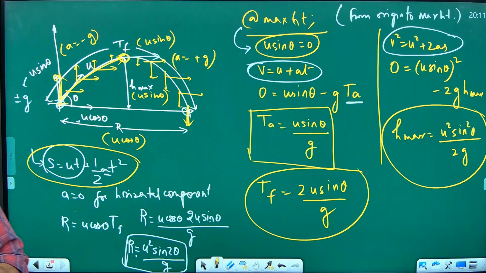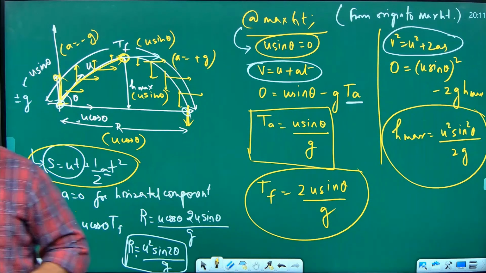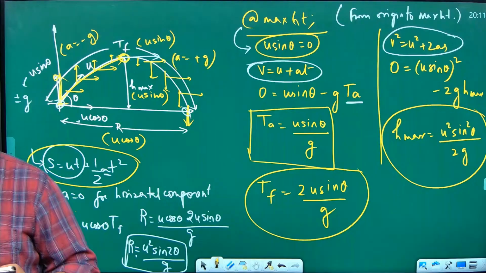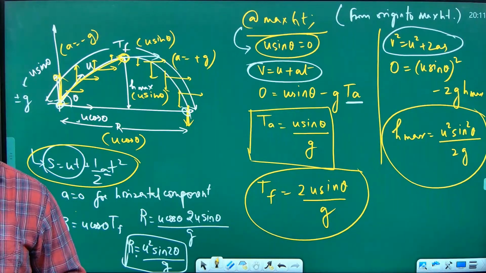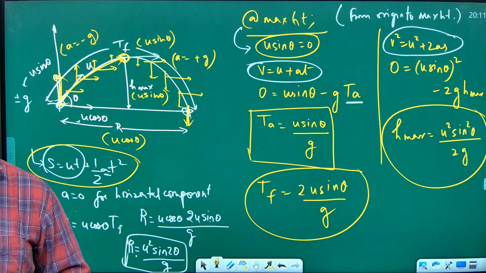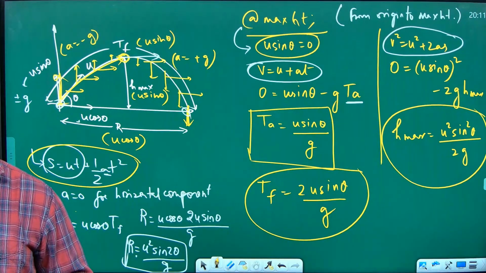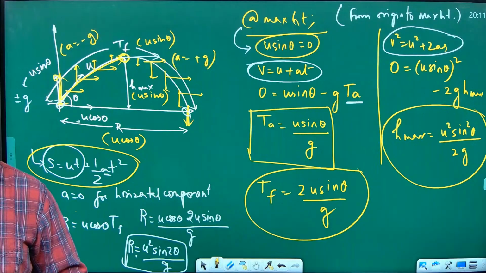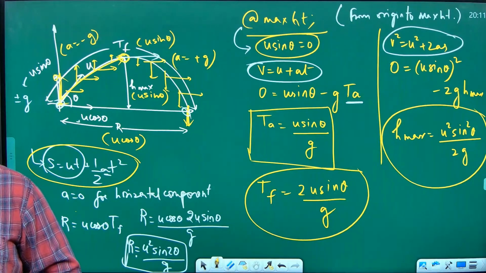A body is projected with a velocity of 30 meter per second at an angle of 30 degree with the vertical.